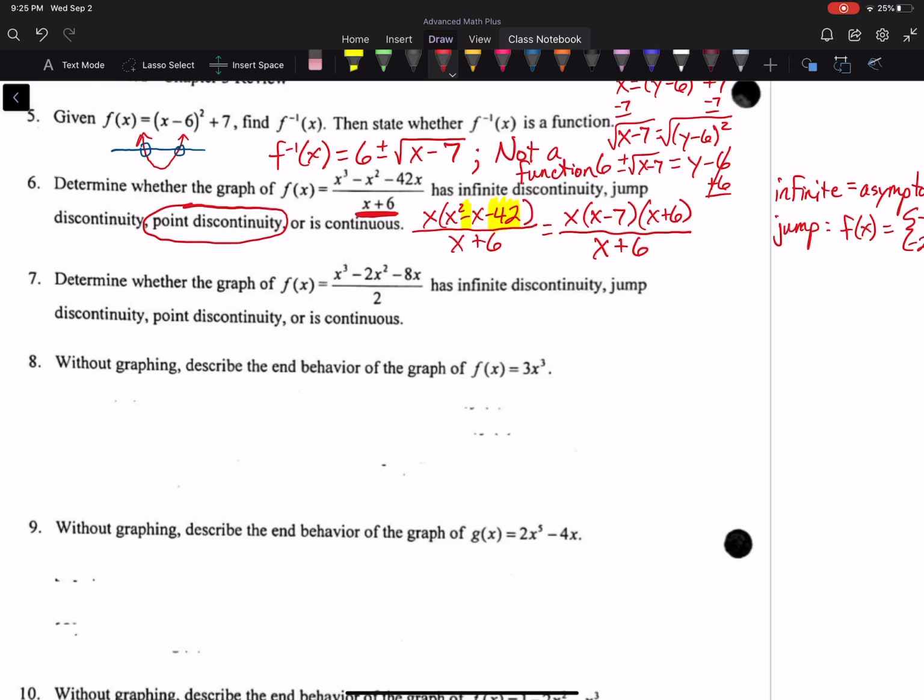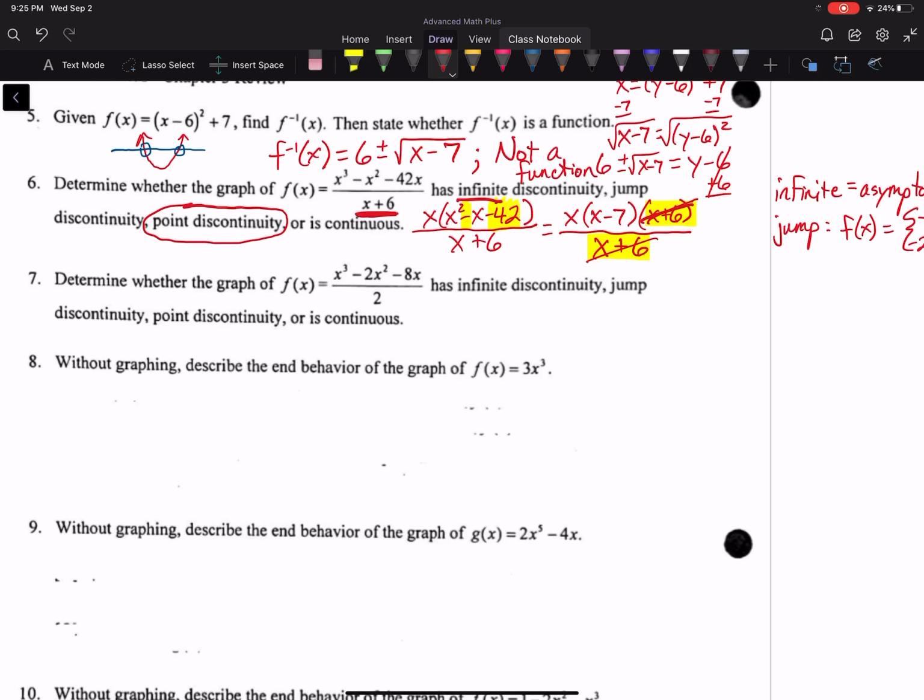And now you can see that x plus 6 and x plus 6 are the same thing, so they will cancel. If it cancels, that's what makes it point discontinuity. Otherwise, it would have been infinite discontinuity.